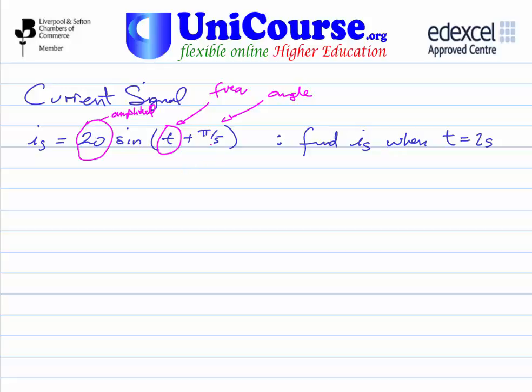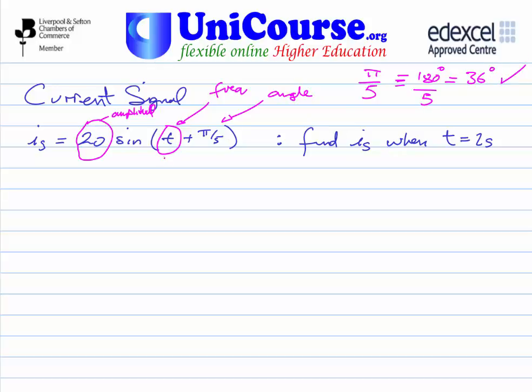So when you're looking at pi by 5, what are you thinking of? Well, pi is the same as 180, so it's equivalent to 180 degrees divided by 5, which sounds very much like 36 degrees.